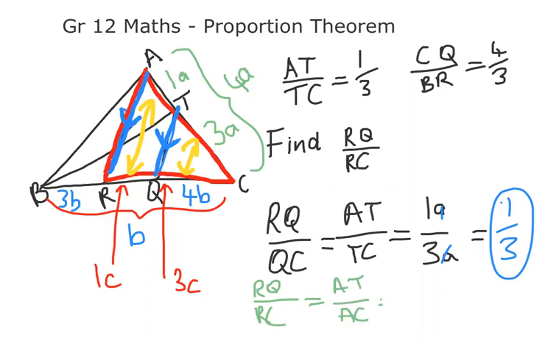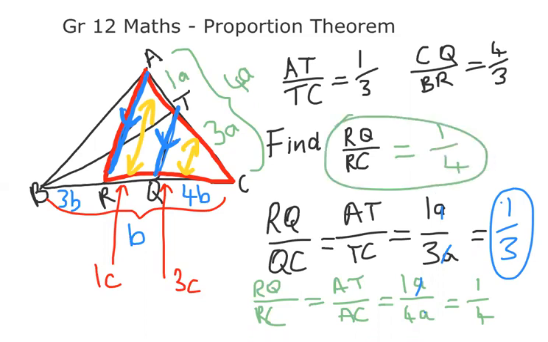So AT we had as 1A, and AC, the whole one, equals the AT plus the TC, which is this 4A over here. And that will equal, the A's cancel out, and that answer is just 1 over 4. So this answer, RQ over RC, equals 1 over 4. There we go.